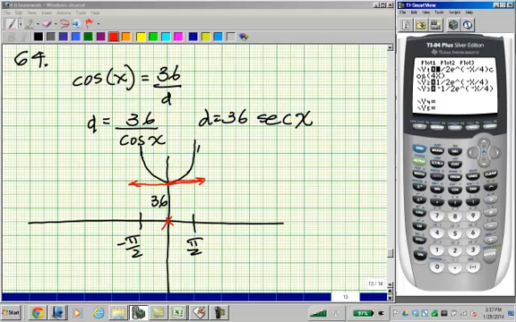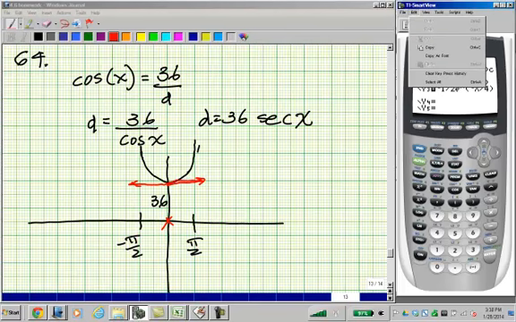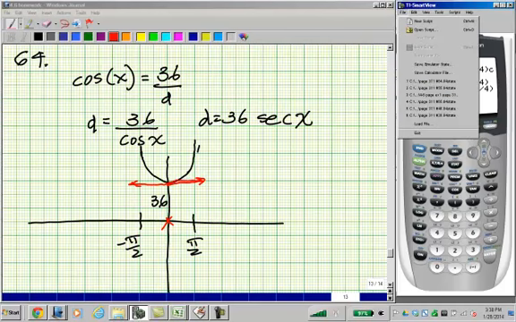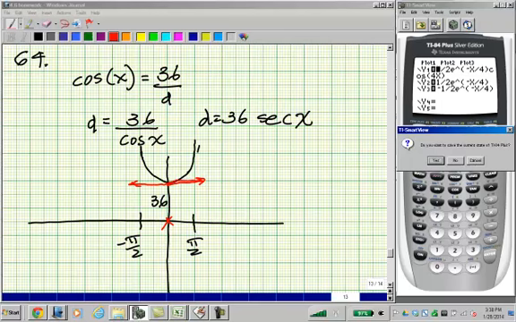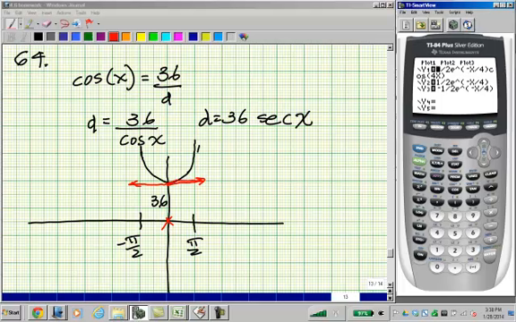I don't know what that is. I must have saved the wrong thing. Okay, anyway, let's just clear this out.